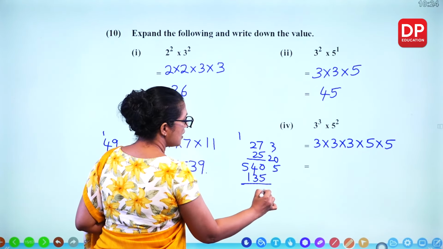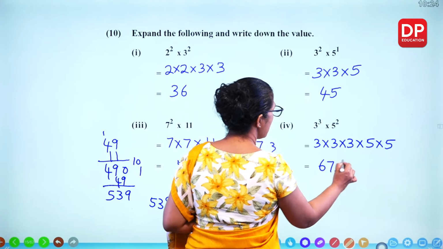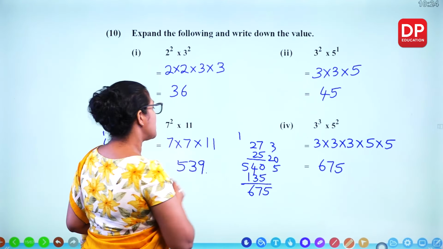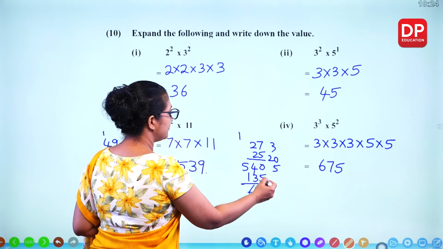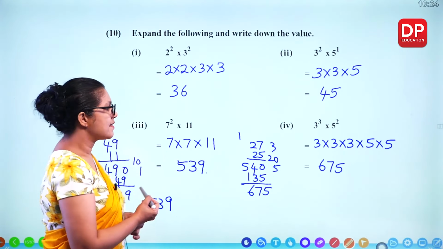You get 675. So check it again. You can multiply by 20 and 5. And when you add, you are getting 675.